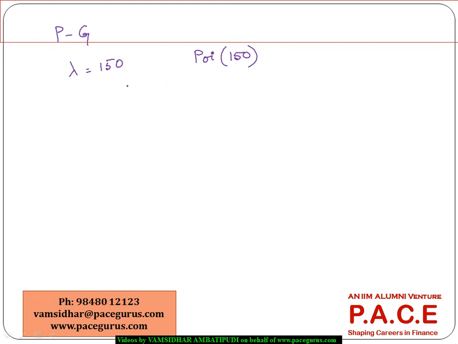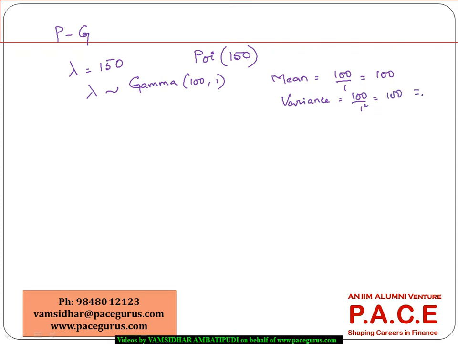But at the same time, we are saying that lambda on an average is following a gamma distribution with parameters 100, 1, which means the mean of this gamma distribution has to be 100 by 1, which is 100. And the variance of this prior distribution is 100 by 1 squared, which is 100, which means the standard deviation should be equal to 10.